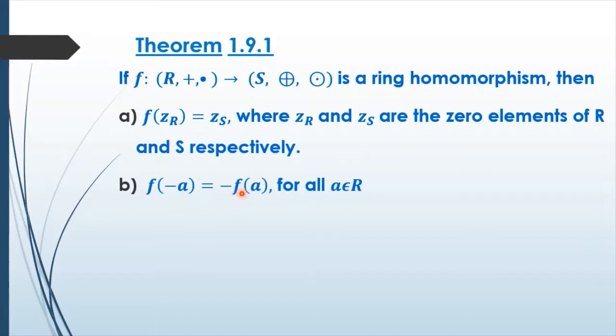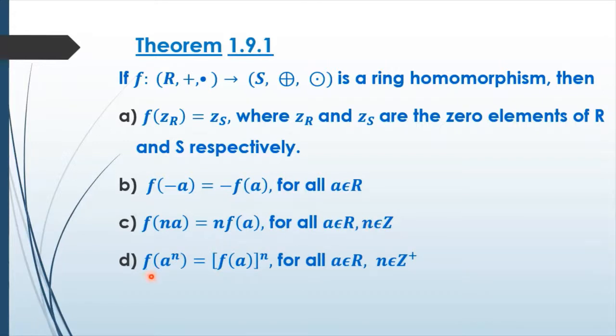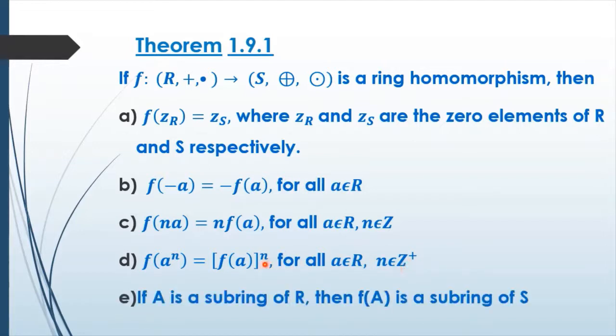Two, f of minus a is equal to minus f of a, that is f preserves the additive inverse. Three, f of n times a is equal to n into f of a for all a belonging to R and n belonging to Z. Four, f of a power n is equal to f of a whole power n for all a belonging to R and n belonging to Z plus, the set of all positive integers. Five, if A is a subring of R, then f of A is a subring of S. So we shall see the proof of these five statements one by one.